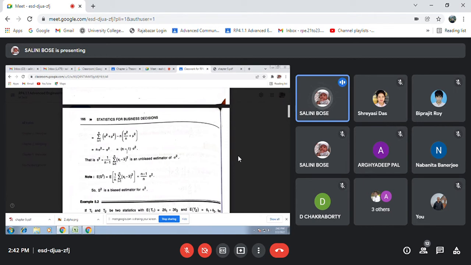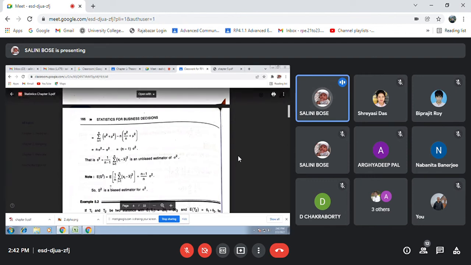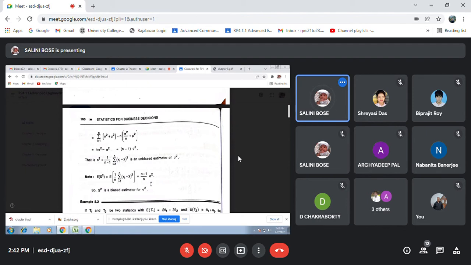So we will get the factor n minus 1 by n. Here you see E of capital S square is equal to n minus 1 by n sigma square. So you are getting an extra factor n minus 1 by n. So this does not follow E of t equal to theta, because this factor n minus 1 by n is coming. So we can say capital S square is a biased estimator of sigma square.